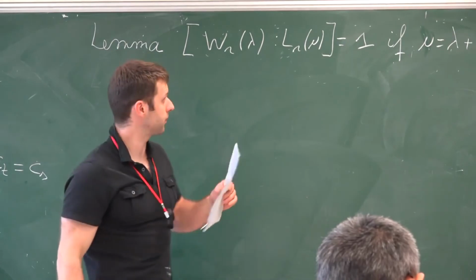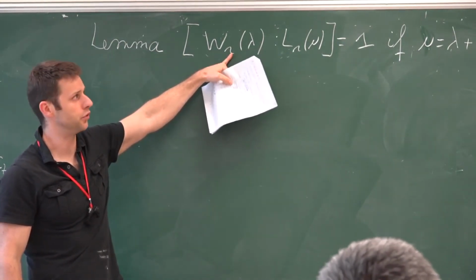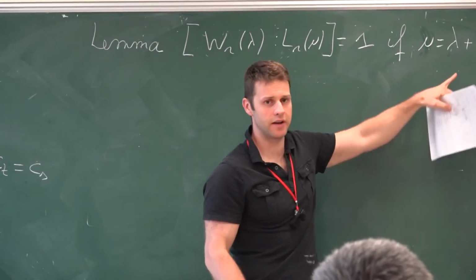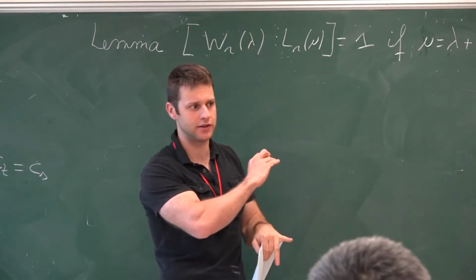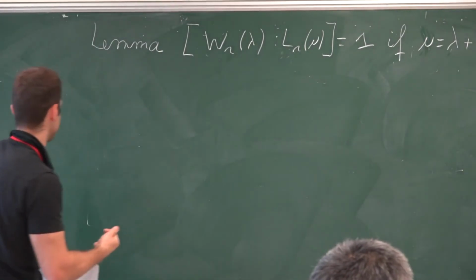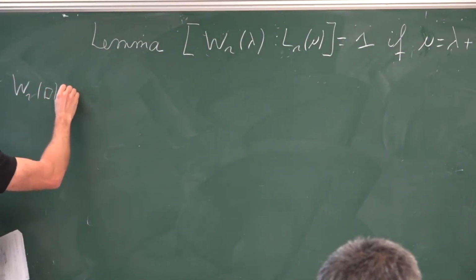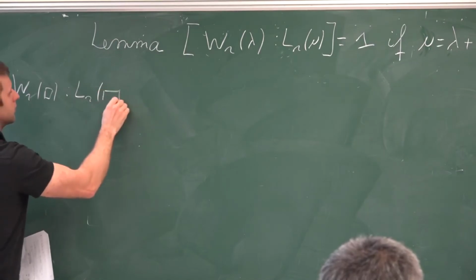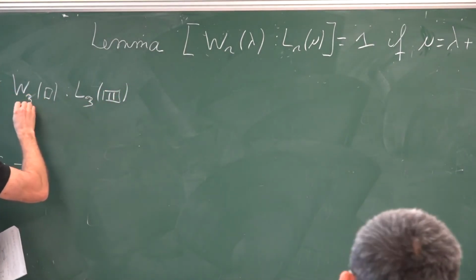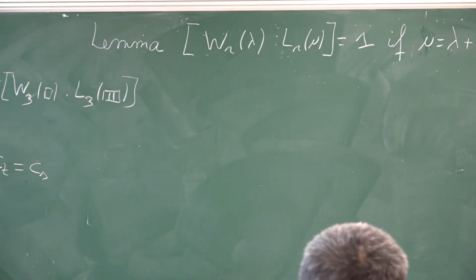So I say some simple module appears in some cell module with multiplicity 1 if that partition is obtained from lambda by adding 2 boxes in the same row. So an example was, of course, this one. So I just add 2 boxes in the same row.